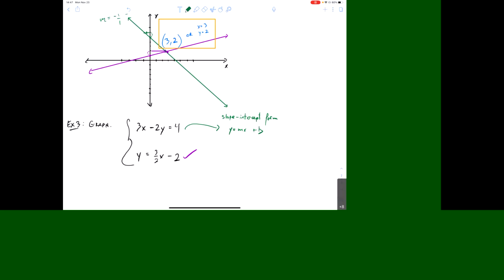All right. So that should be enough time. What did people get for this first equation that I have marked in green? Were they able to get anything?